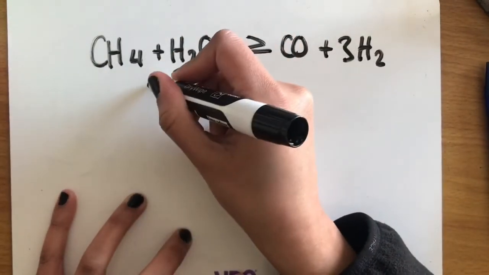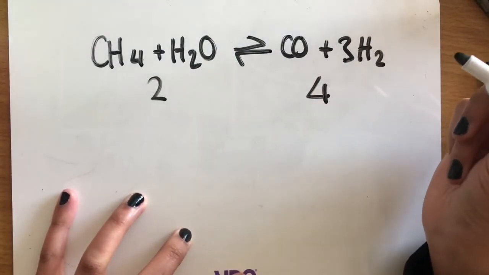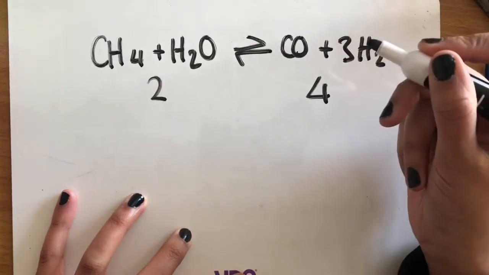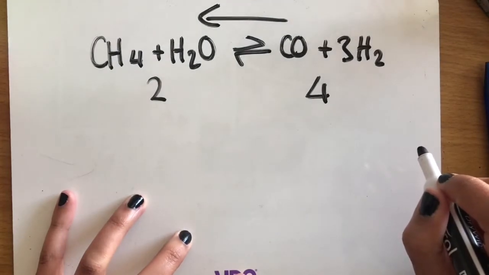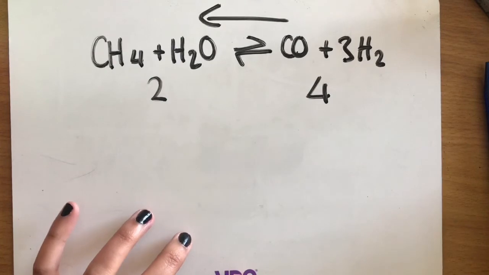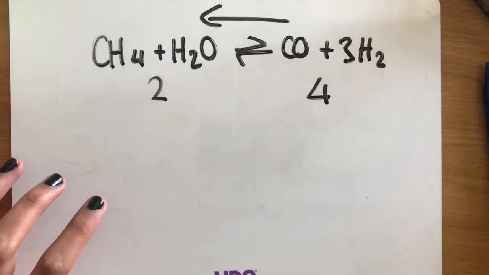So on the left-hand side, we have 2, and on the right-hand side, we have 4. So when you increase the pressure, equilibrium is always going to shift to the side with fewer moles. So that's going to go towards the left-hand side. So if we're moving away from the product and we're moving away from the hydrogen, that means that our yield of hydrogen is going to decrease.